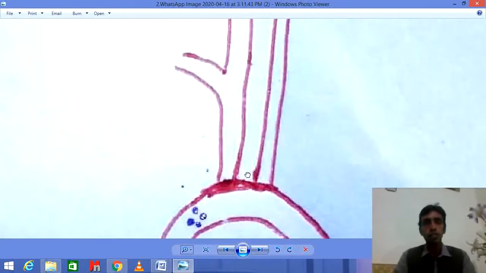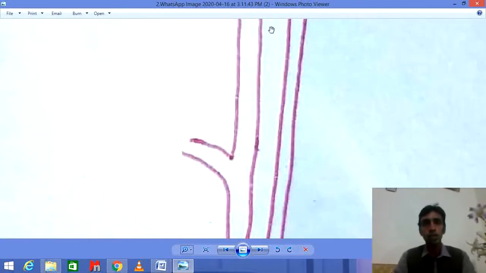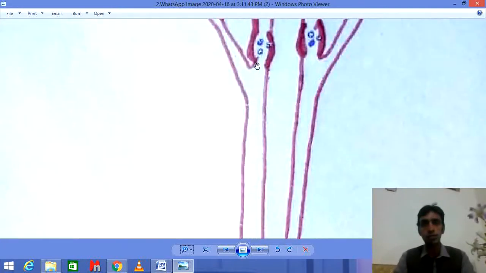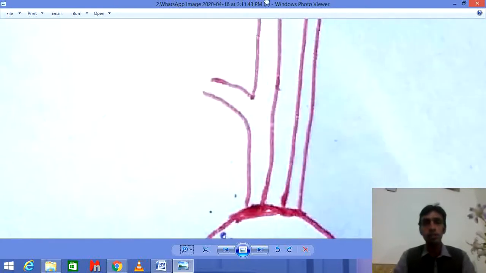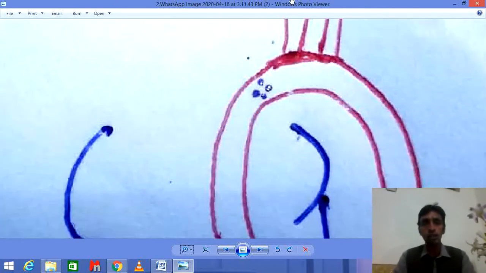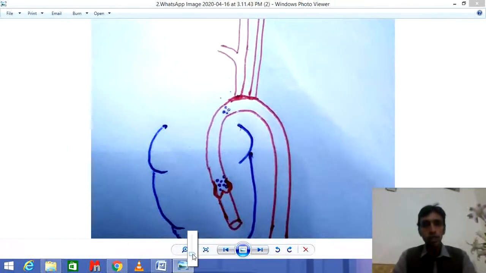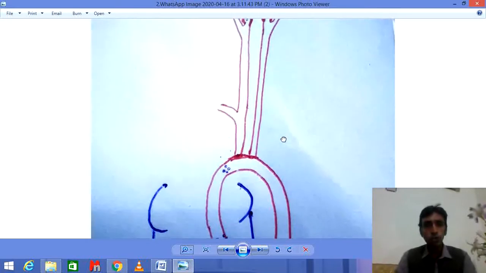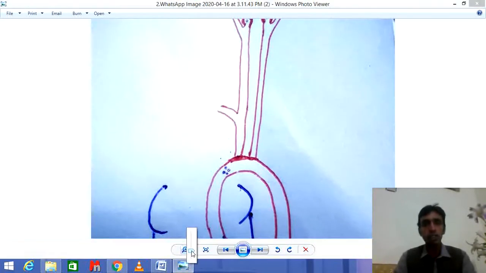These are actually receptors. I have made these receptors visible to make you understand. So what are these?